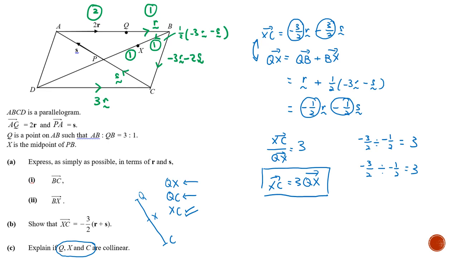And since they share a common letter X, they are not only parallel, but points Q, X, and C are collinear. And we have proven that Q, X, C are indeed collinear.